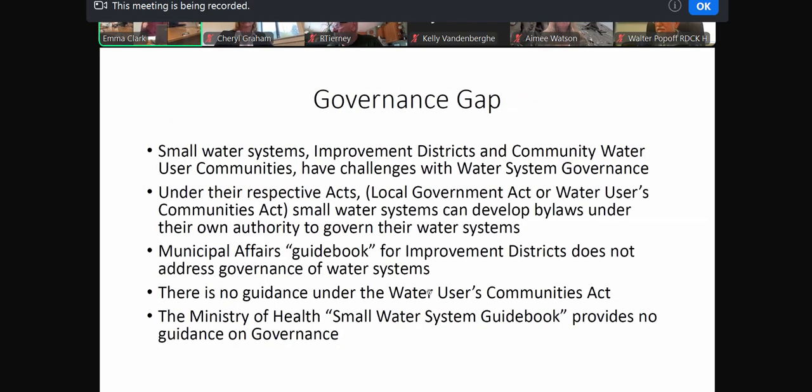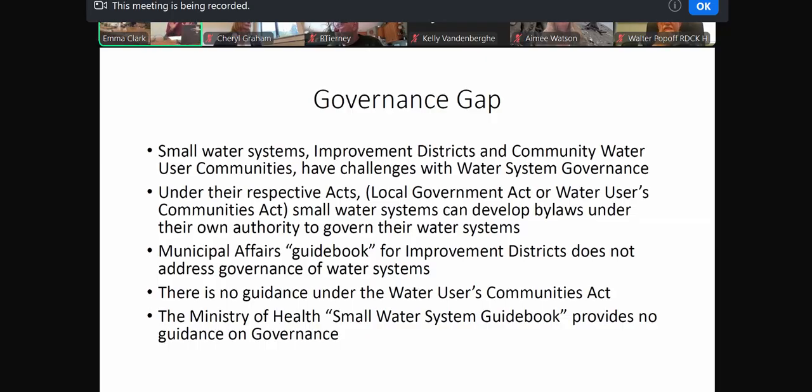There's been a gap in governance for small systems, and this work is intended to fill that gap.